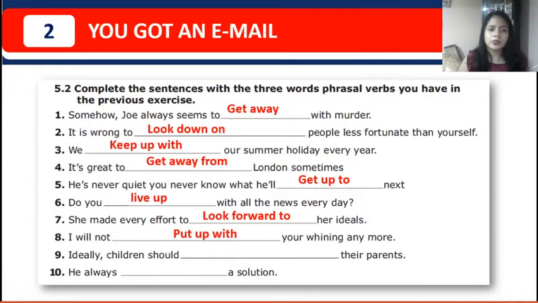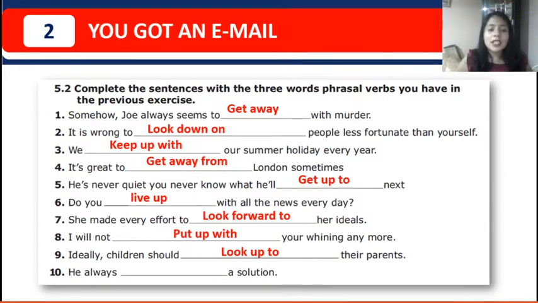And number 9, it says, ideally, children should look up to their parents, right? Remember that parents must be a model for us, a model to follow, of course. Children should admire their parents. And then we have number 10, guys. That is the last from here.